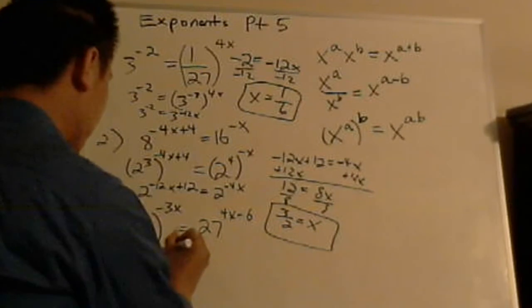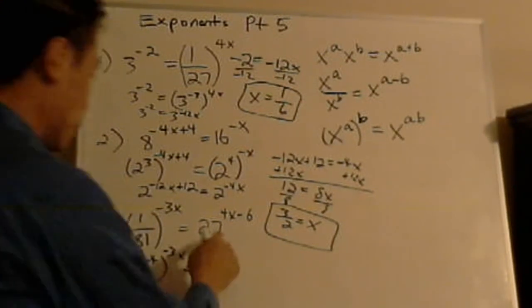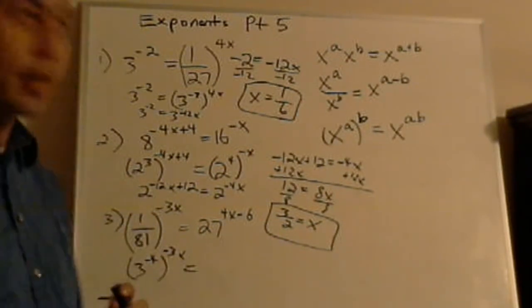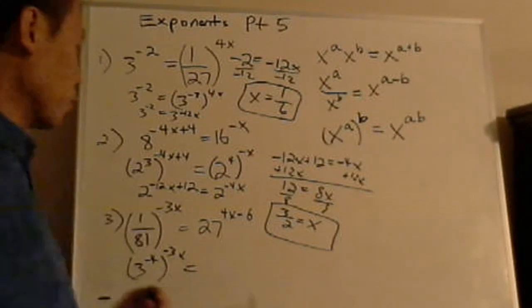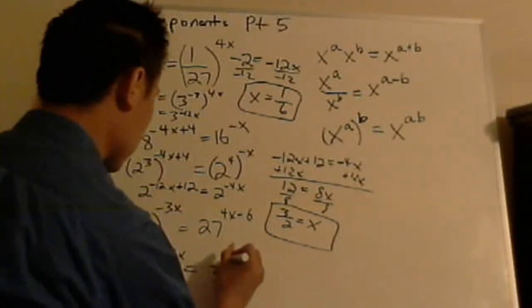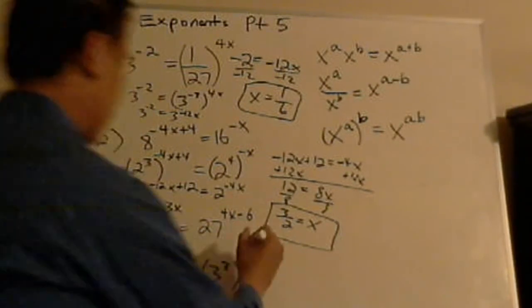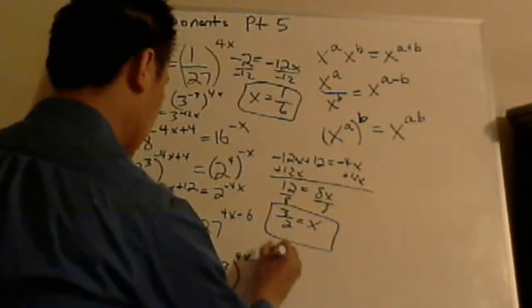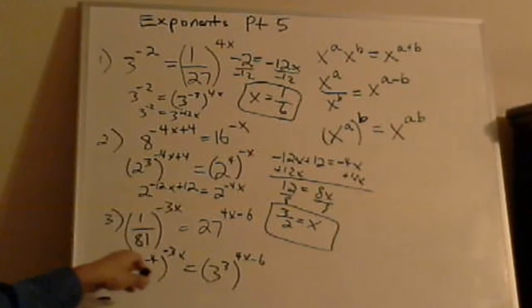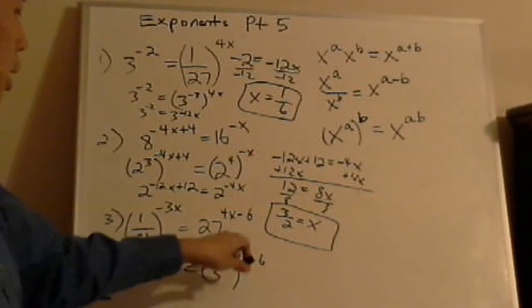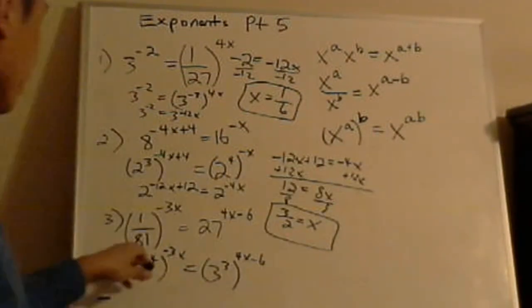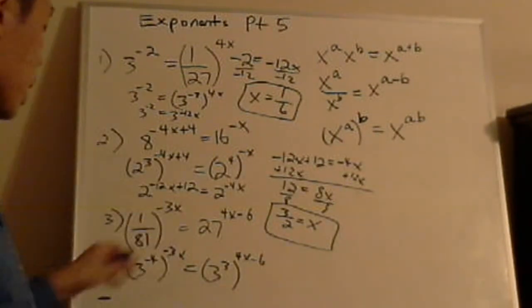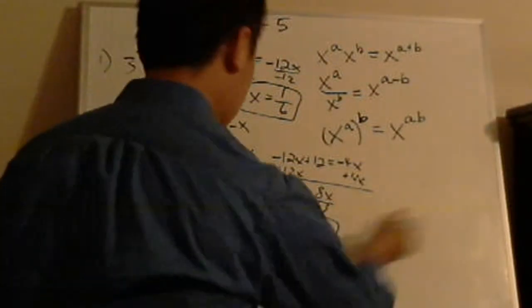And then copy again, negative 3x equals, now we have to figure out 27. 27 is 3 times 3 times 3, which is 3 cubed, right? So 27 is just 3 cubed, and then copy 4x minus 6. So now you've got 3 to the negative 4 power to the negative 3x power equals 3 cubed to the 4x minus 6 power. So use the power again. Negative 4 times negative 3x will be 12x, right?